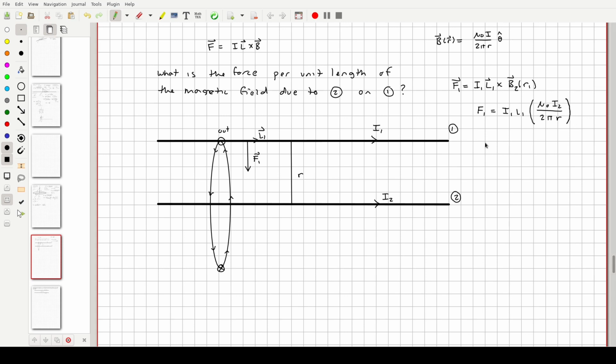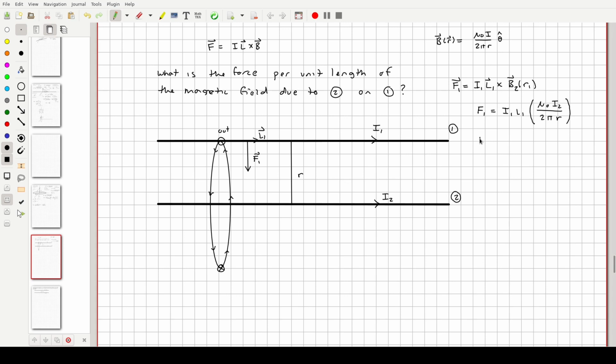Now what's interesting about this is that you can swap the I's around if you just divide by L on both sides to make this a force per unit length. So these are interchangeable, which means that the magnitude of the force that wire 1 is going to experience is the same amount of force per unit length that wire 2 is going to experience, which satisfies Newton's third law.